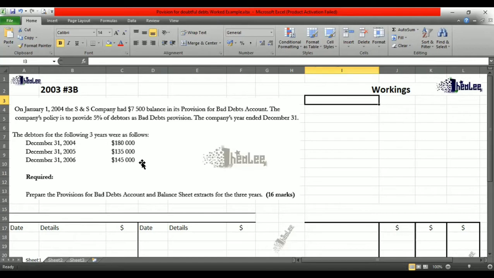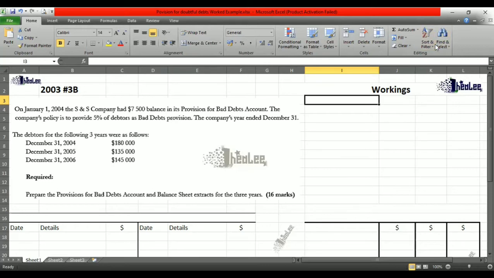Now, the next thing is that once you have read the question, if you need to do any workings, like for this question, it means that you have to do your workings first, and then you proceed to preparing the necessary accounts.